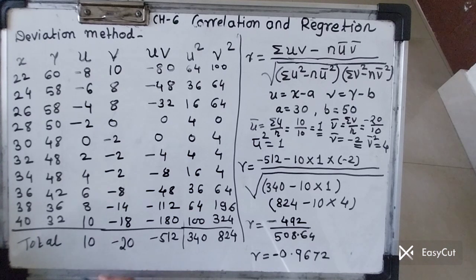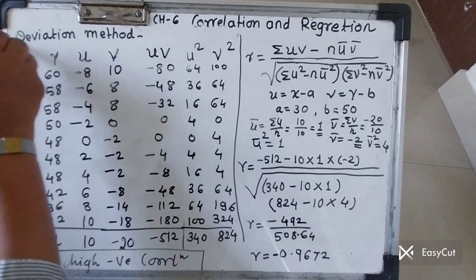What is the conclusion? Interpretation here: high negative correlation is found between X and Y, between price and demand. Okay. Question is on price and demand, so high negative correlation is there. This is the interpretation. This is deviation method.